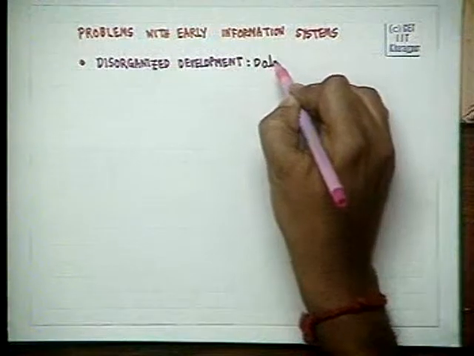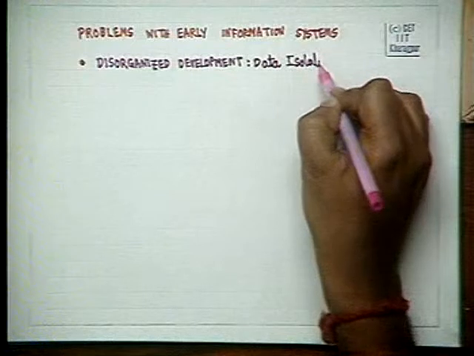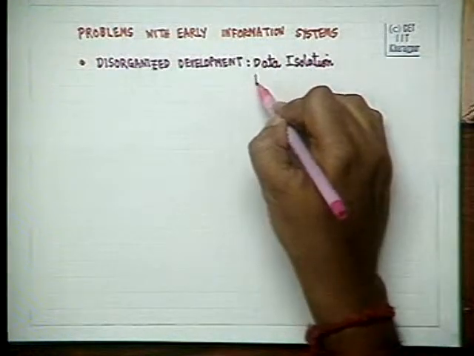It is an inherent problem because there was no conceptual build-up of what information I want. There was no formalization of what sort of information I really want. And data isolation and data redundancy were two major problems which cropped up here.